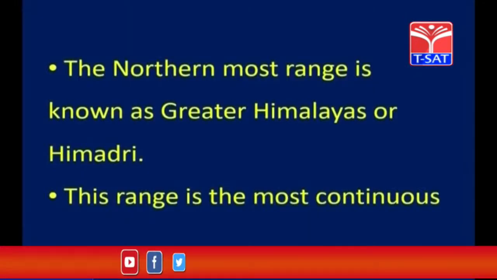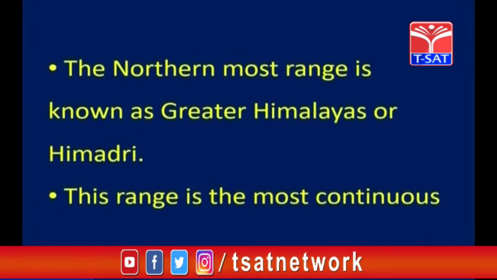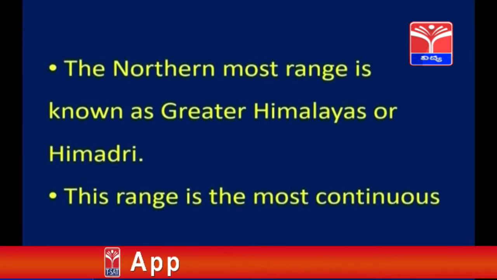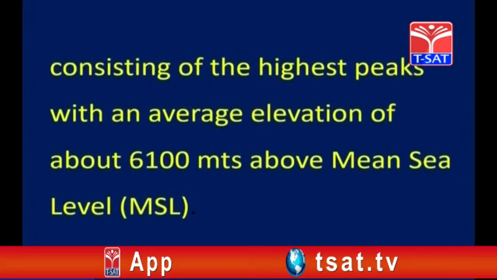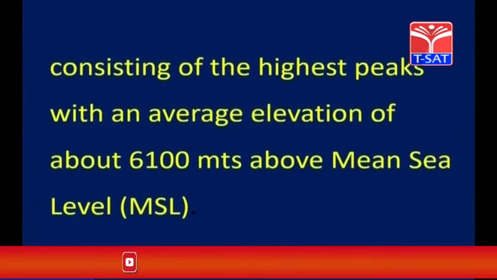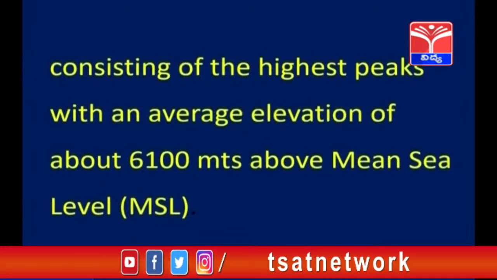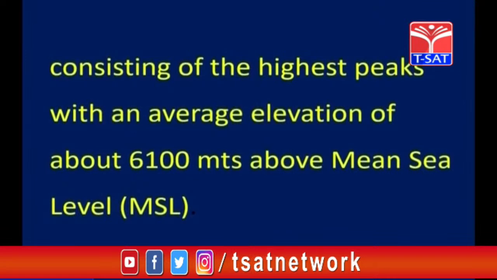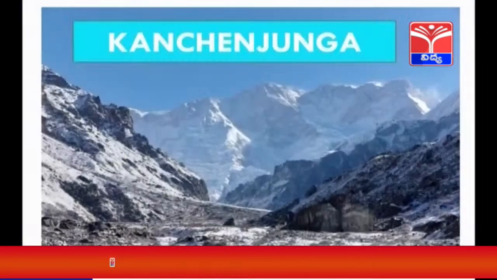The northernmost of the ranges is known as the Greater Himalaya or Himadri. This range is the most continuous range consisting of the highest peaks with an average elevation of 6,100 meters above mean sea level. We can see many of the highest peaks located in this region.